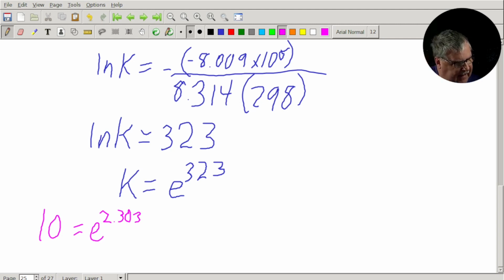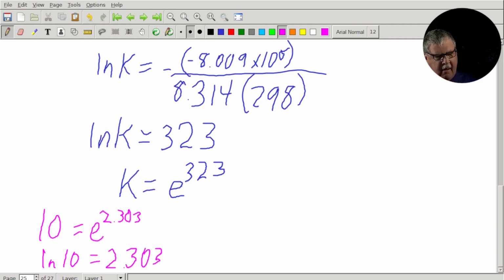And so what that means is that the natural log of the number 10 is 2.303.